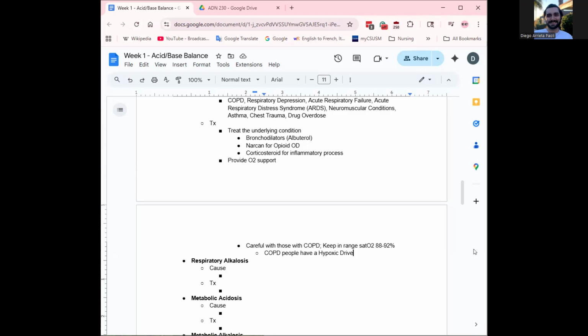Instead, their bodies breathe because their body senses that they have low O2. So when they're given too much high percent oxygen, or the flow rate is too high, their bodies will be tricked into thinking that they no longer need to take respirations, and they could stop breathing because the O2 is on too high. So that's the main reason for that. They will stop breathing.